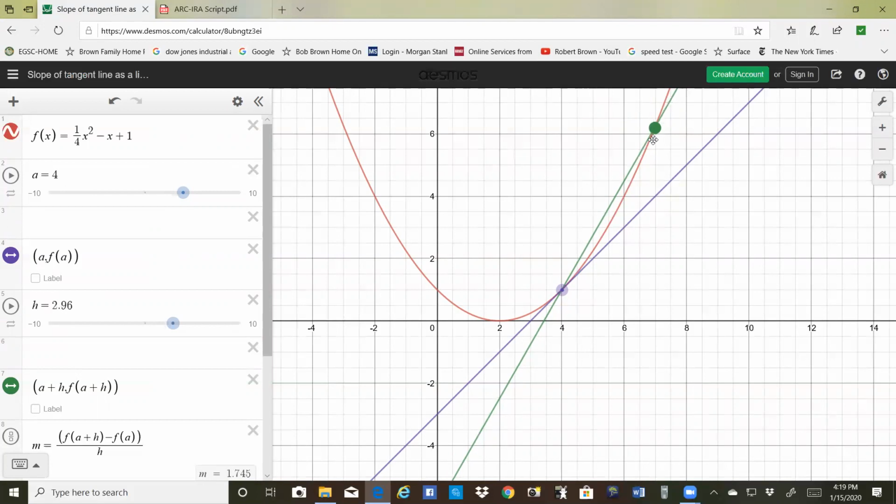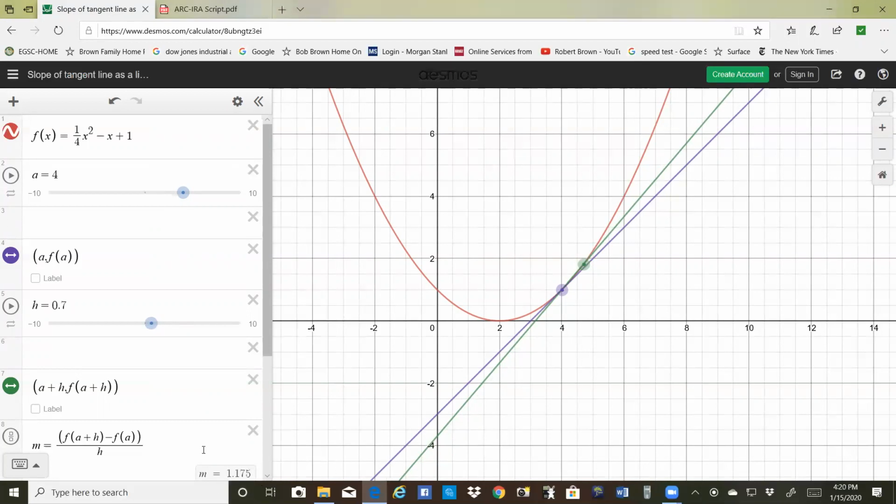Anyway, if we get closer and closer, making h now 2.0, h is 1.4. The 2 points are getting closer and closer together. H is getting closer and closer to 0.